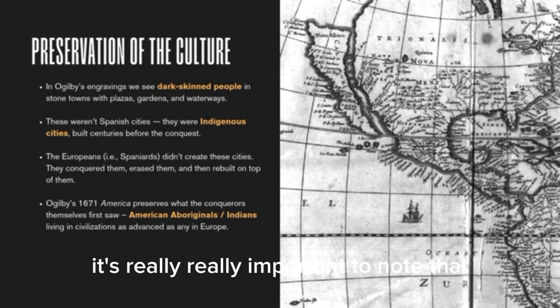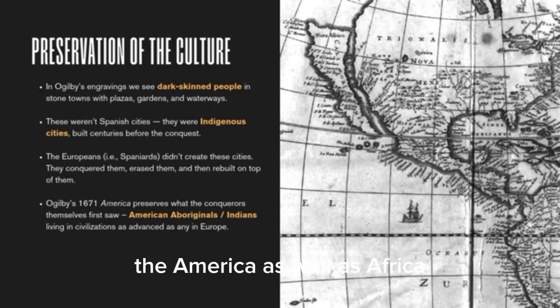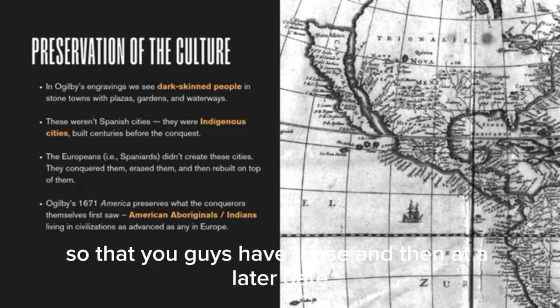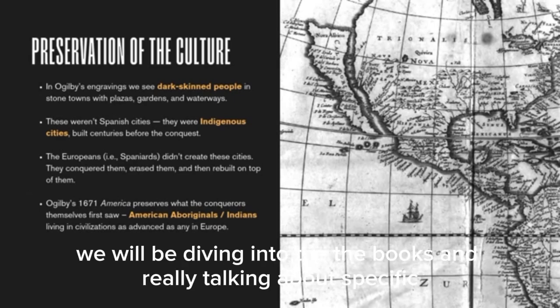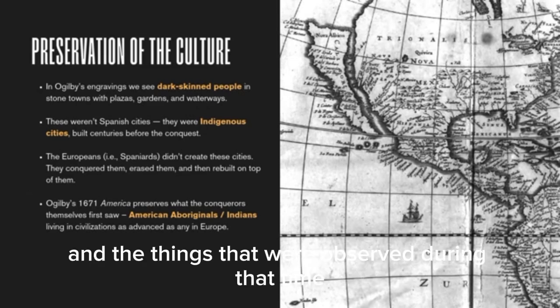And it's really important to note that. So again, I'm going to provide the link to both books, America as well as Africa, and at a later date, we'll be diving into the books and talking about specific territories and the things that were observed during that time.